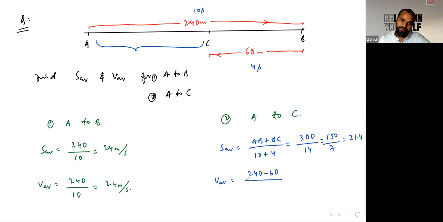The time interval will be the total for the entire journey, so 10 plus 4. So it becomes 240 minus 60 is 180, over 10 plus 4 is 14. So it becomes 90 over 7.